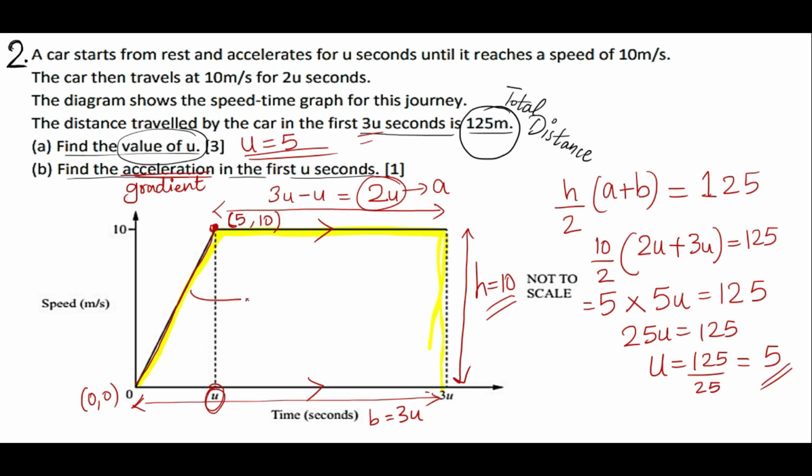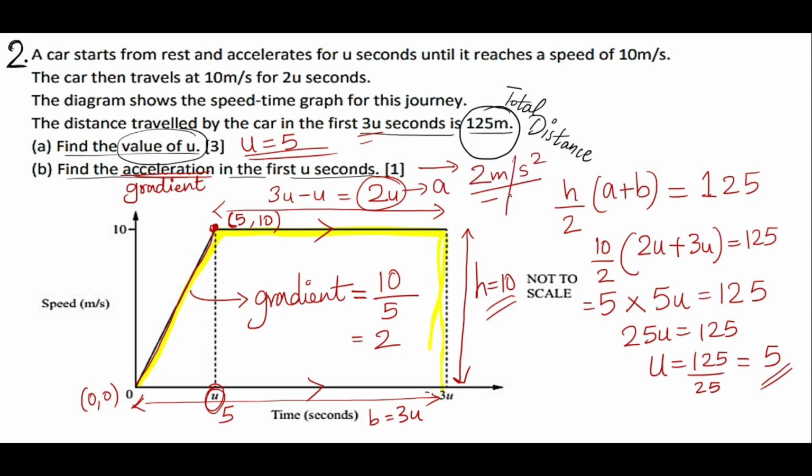So the gradient is equal to change in y over change in x. So change in y is 10 over the change in x. Now u is already 5, so 5, which gives you the answer 2. So your acceleration is going to be 2 meters per second squared.